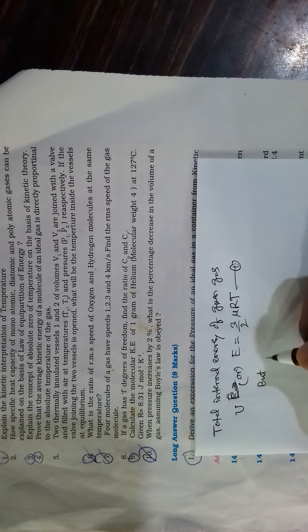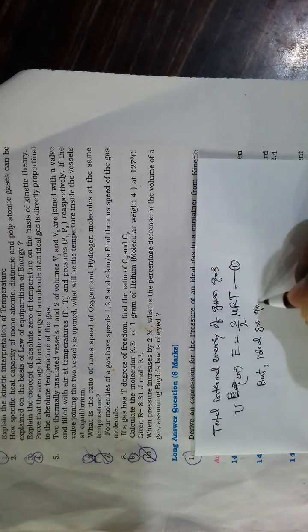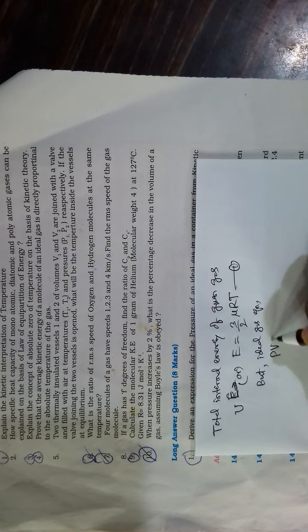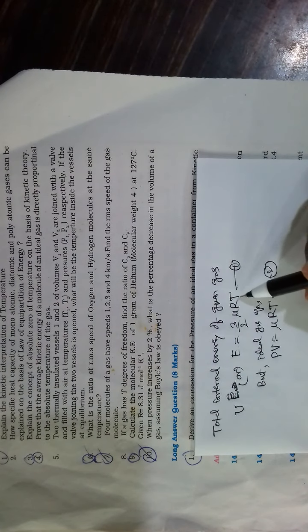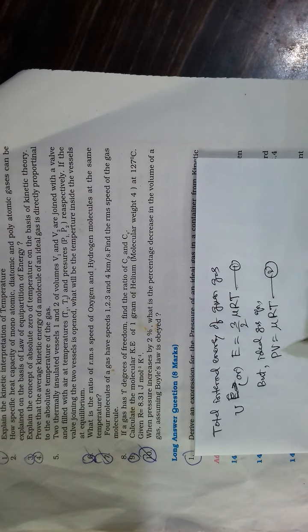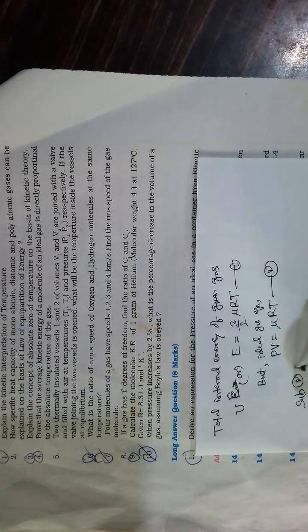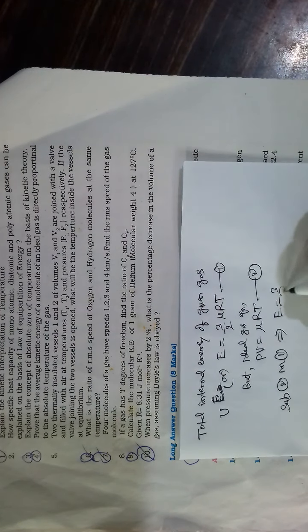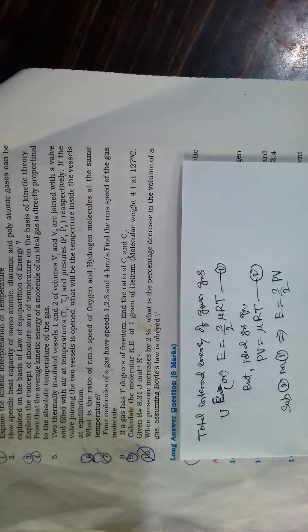But the ideal gas equation is PV is equal to mu RT. So in place of mu RT, you can write PV. Substituting 2 in 1, we get E is equal to 3 by 2 PV.